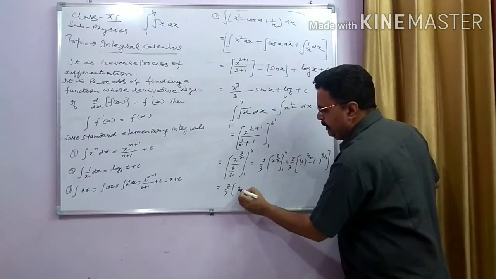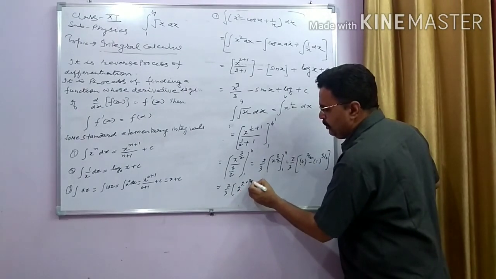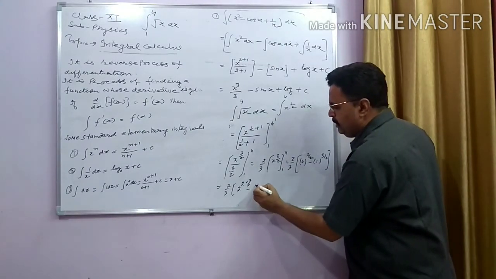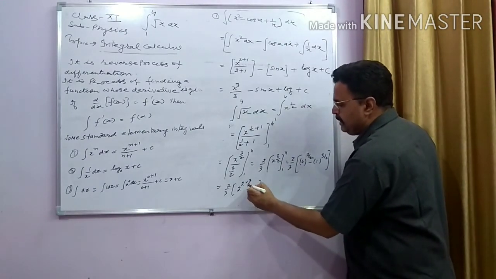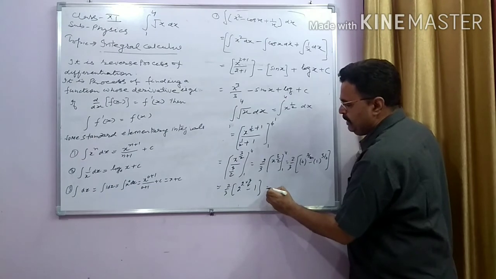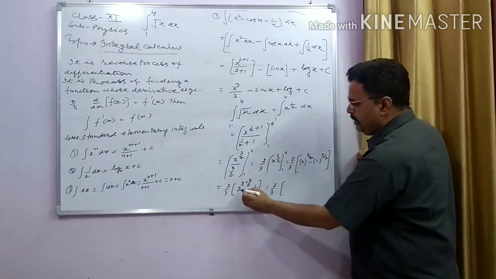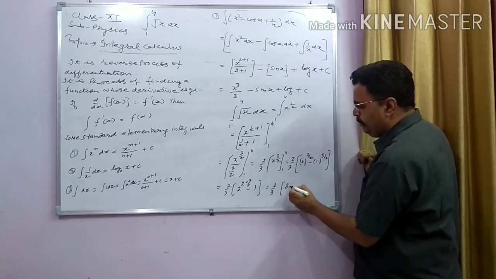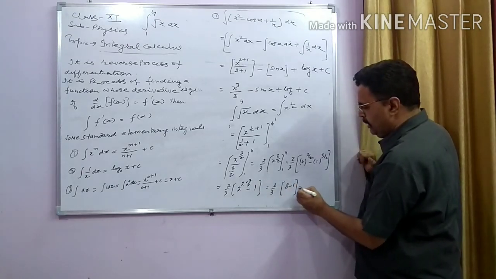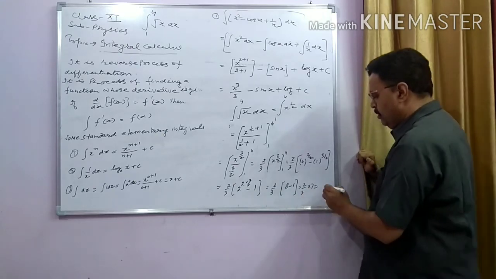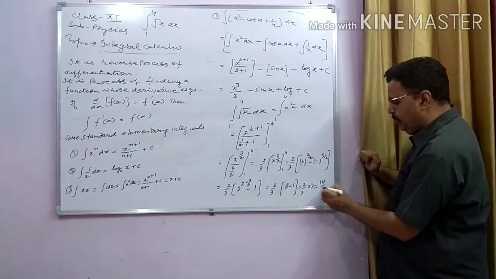This expression can be written as 2 square into 3 upon 2, this is purely mathematical, minus 1, or this 2 is cancelled, so it becomes here 2 upon 3, that is 2 cube means 8, minus 1, which is equal to 2 upon 3 into 7, equal to 14 upon 3.